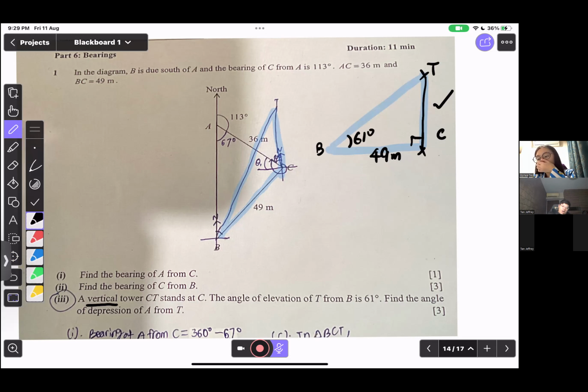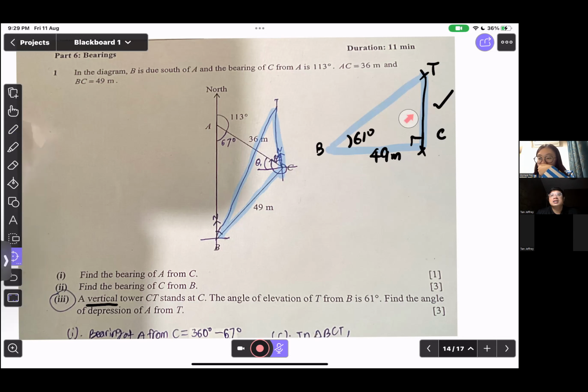After we find CT, the angle of depression is the same as the angle of elevation. So you draw the dotted line on top of T again. I want to ask, have you found CT already? Not yet. Find CT first, one at a time, like seasoning the food before you fry it.